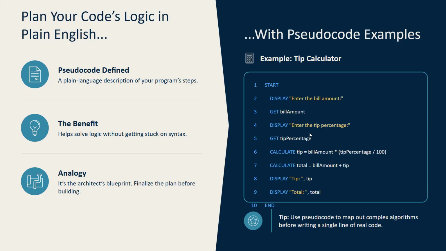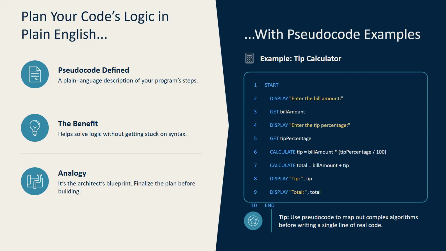A good way to think about pseudocode is like a blueprint. Just like how an architect plans a building before construction starts, a developer can plan the logic before writing the actual code.